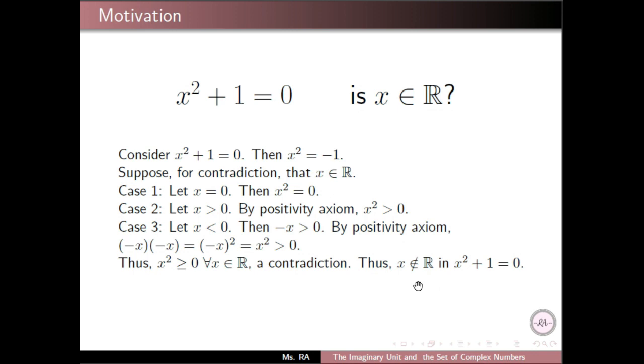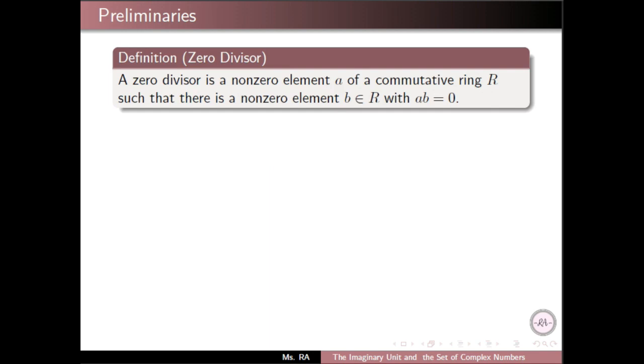What we're going to do within this lesson will be to construct a number set where the solution set for this equation lies. But to do that, we have to review the following. The first concept that we're going to recall is the concept of a so-called zero divisor. A zero divisor is a non-zero element A of a commutative ring R such that there is a non-zero element B in R with A times B equal to 0.